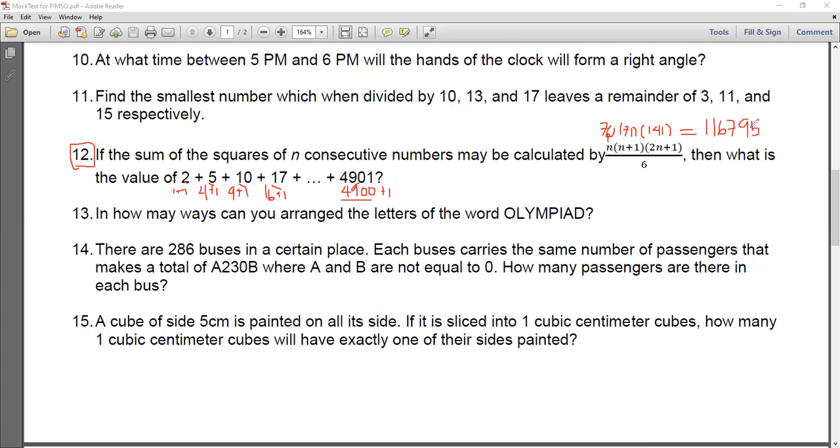Then we add 70, because in our given, we keep on adding 1 on each square number. So adding 70, the answer will be 116,865.